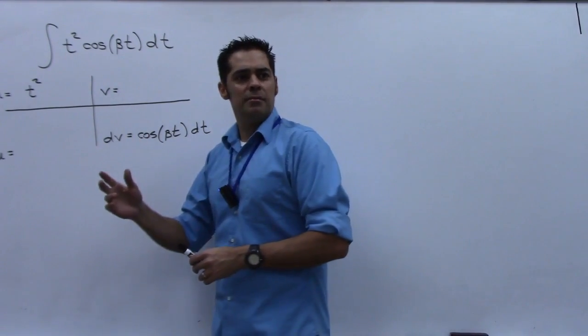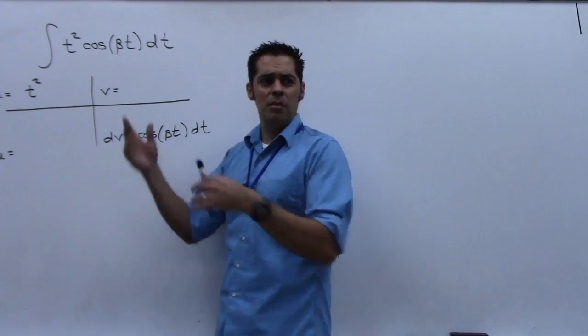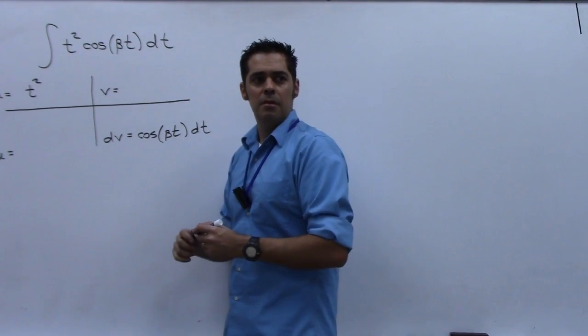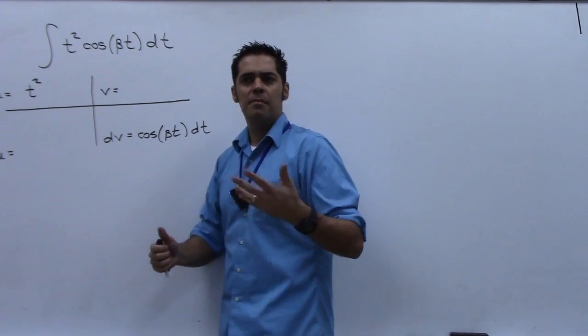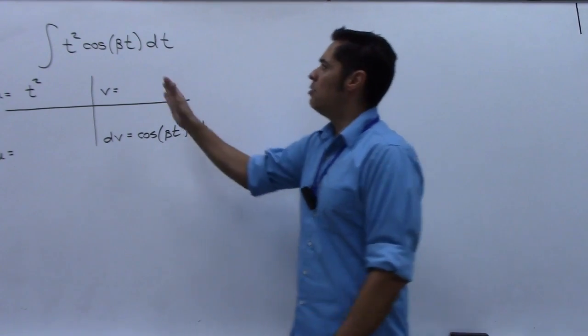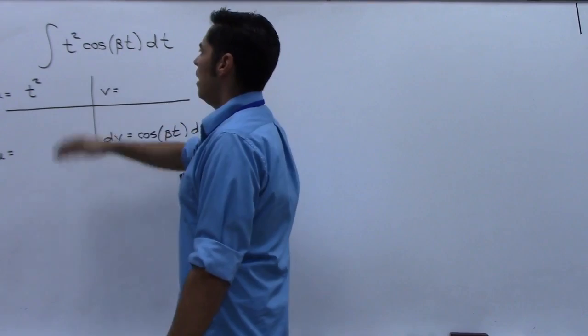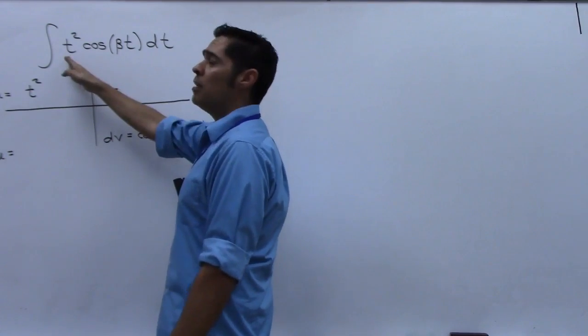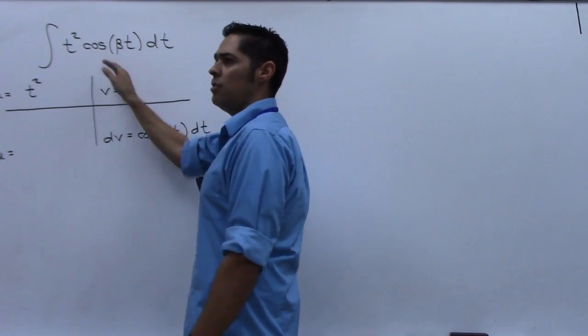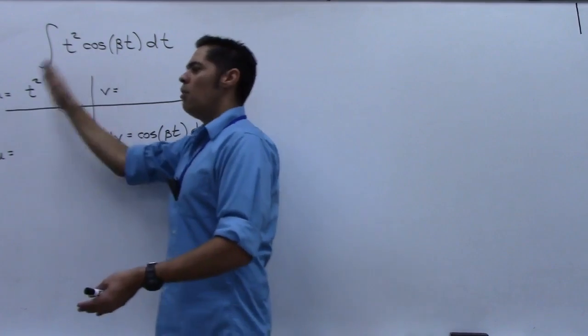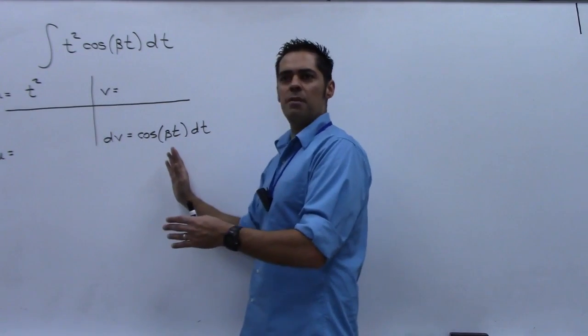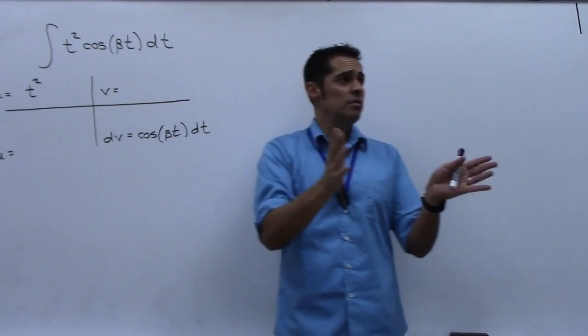It's some sort of acronym that tells you if you see an integral with a polynomial and a trig function, always let the polynomial be u and the trig function be the dv. So it kind of guides you.